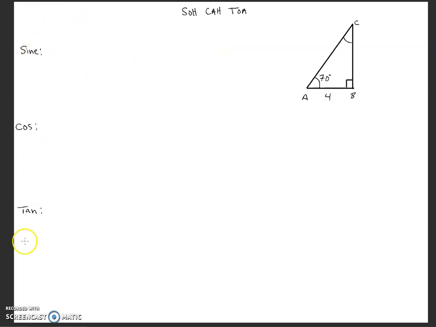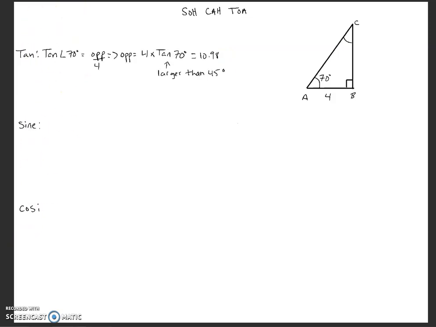Notice I had this sequence here, so I just went the other way just to show you it doesn't really matter which way you go. So the tan, I have the adjacent here, the tan of 70 degrees. So this is going to be larger than 1, anything over 45. So opposite equals 4 times the tan, going to give us 10.98.